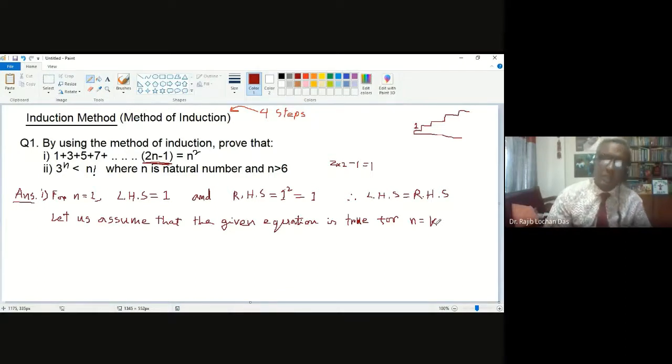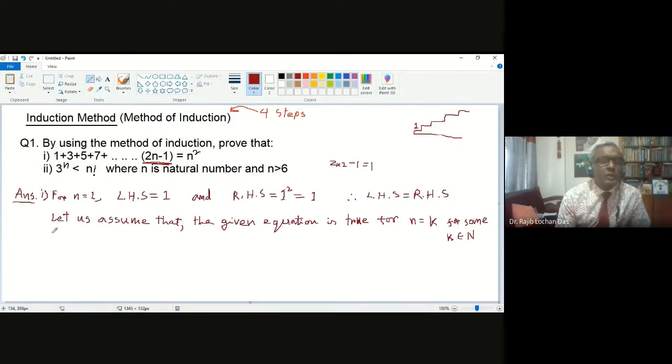We do not know what k is. So any integer. In this case, all the integers are given here. So for some k inside the natural number set, we are assuming this. So let us assume that the given equation is true for this.